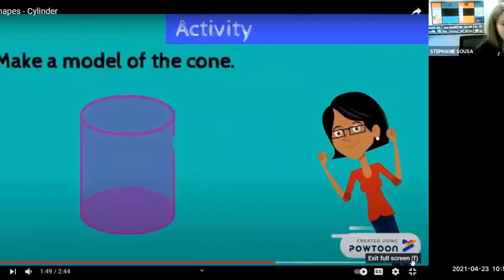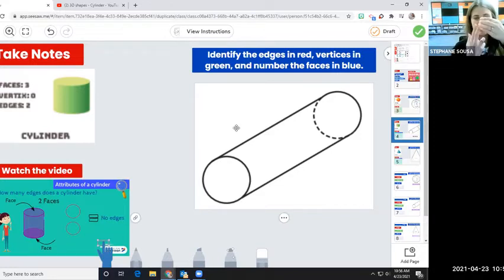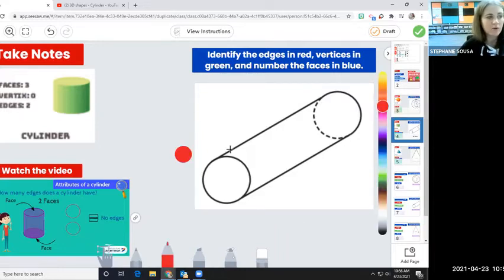All right, so let's take a look at Seesaw here. We see that we have faces. Now this will tell you that it has 3 faces, and that is because, again, imagine if you had a toilet paper roll and you cut that toilet paper roll with 1 line. You could lay it flat to create a rectangle. So if you lay it flat, it would have 3 faces, okay? We're going to identify the edges in red. Go ahead and grab your red.